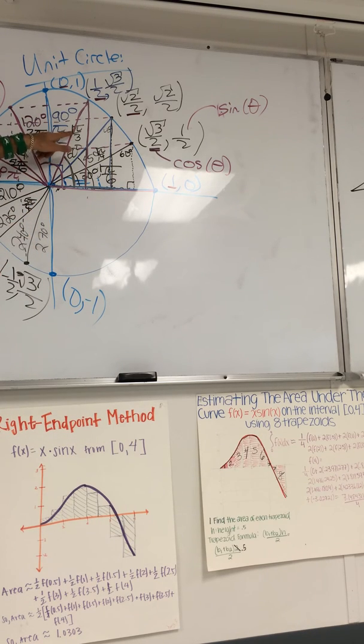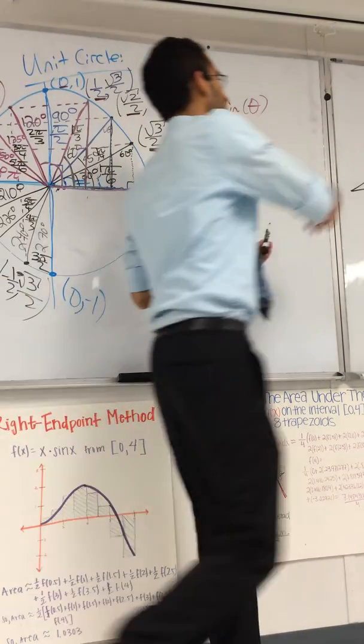For 240, 3 plus 1 is 4 pi over 3. For 270, 2 plus 1, 3 pi over 2. That's all it is. You got to know one quadrant. Just know this quadrant, and how do you know this quadrant? Because you know this.